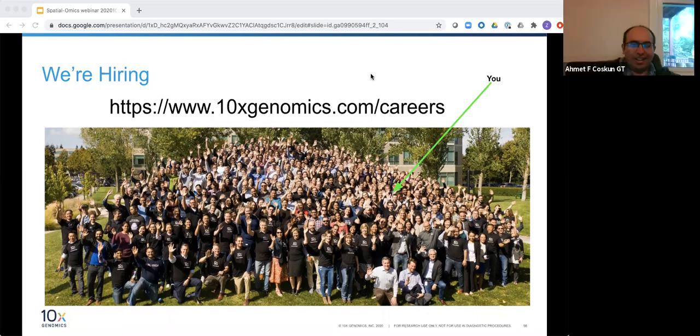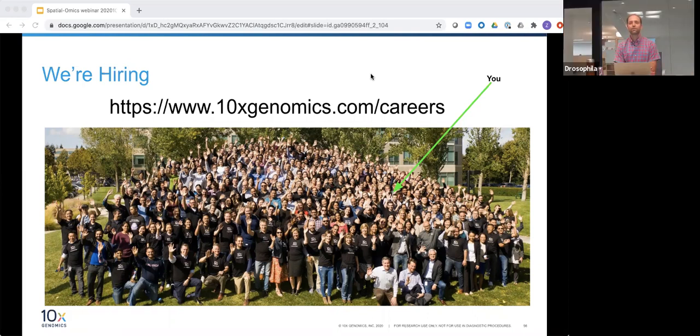If you check out our website, we're looking for positions across our entire organization: sales, support, and within the science, computational biologists, software engineers, molecular biologists, chemists, microfluidics experts, imaging experts. We're looking across the board. There are probably over 100 open positions right now as we're growing really fast, and we'd be excited to have people in this group apply.